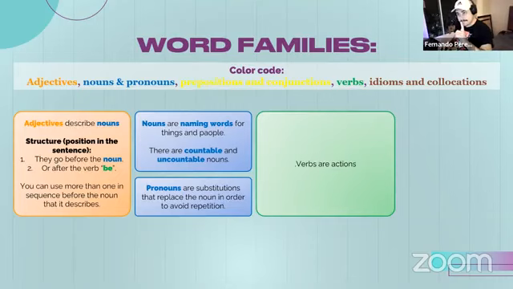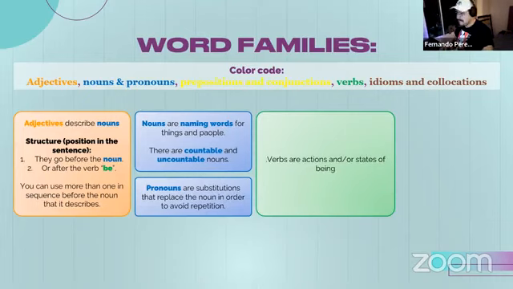But also, we are going to add additional information that we probably have not considered yet. Verbs are actions and or states of being. We are going to talk about that later. Because there are some verbs that don't represent actions. For example, the verb be.